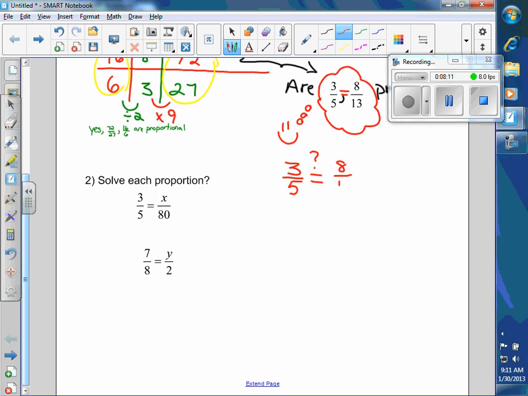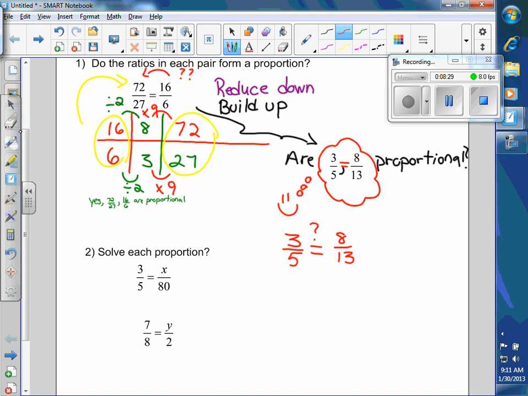Are these equal? And sometimes you can't use Sammy's strategy here. This was a little harder, but you could try another strategy. So it's great if you could reduce down to build up. But in the second example, that doesn't work, so can you come up with another strategy?